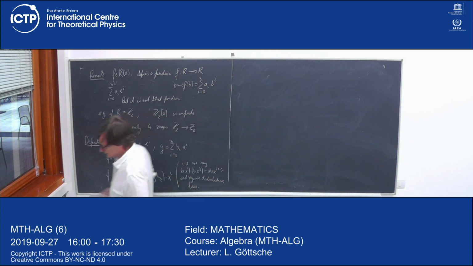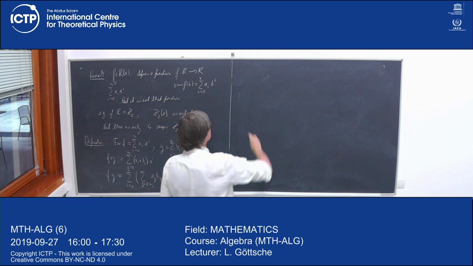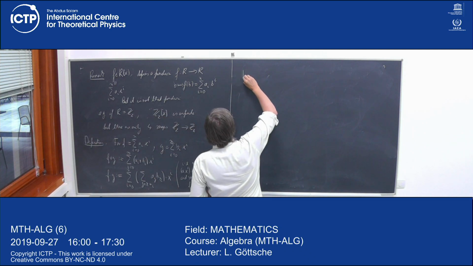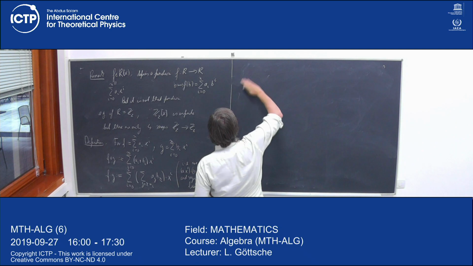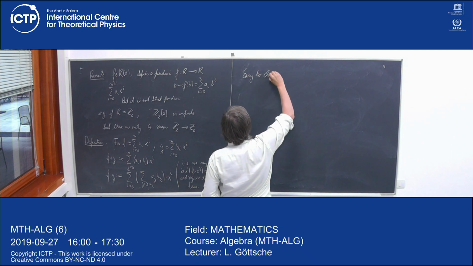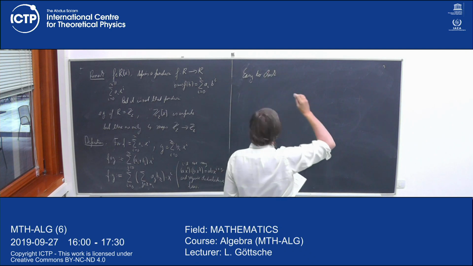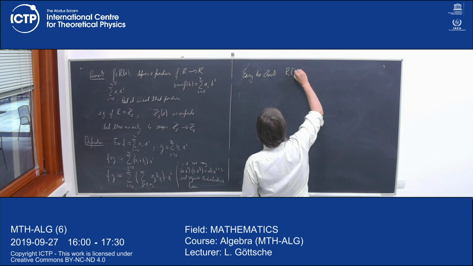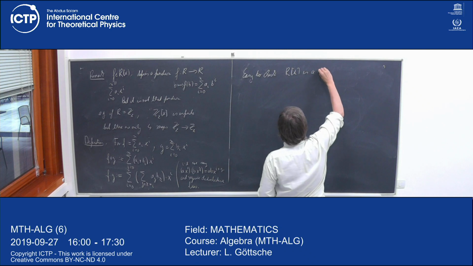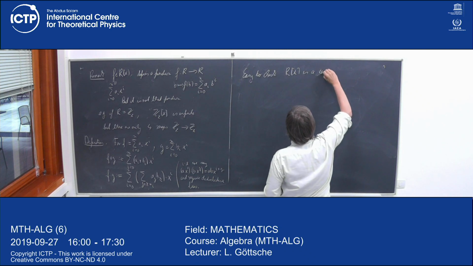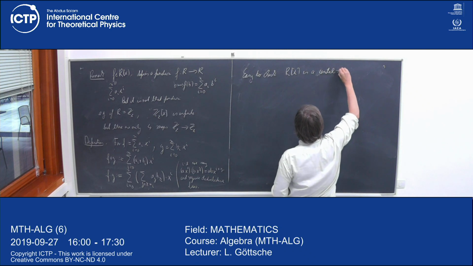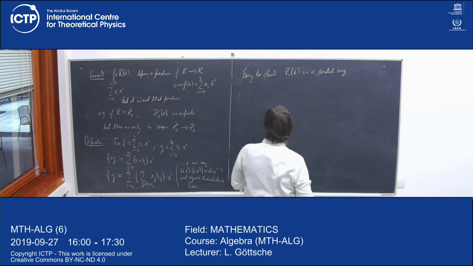So now with this, it's easy to check. I don't do the details, so you can check easily that R[x] is a unitary ring, if R was a unitary ring.